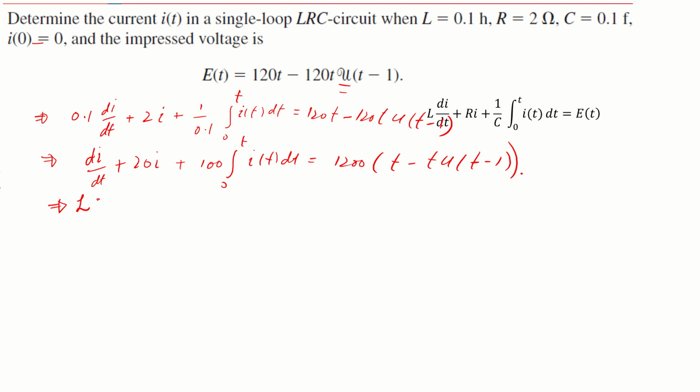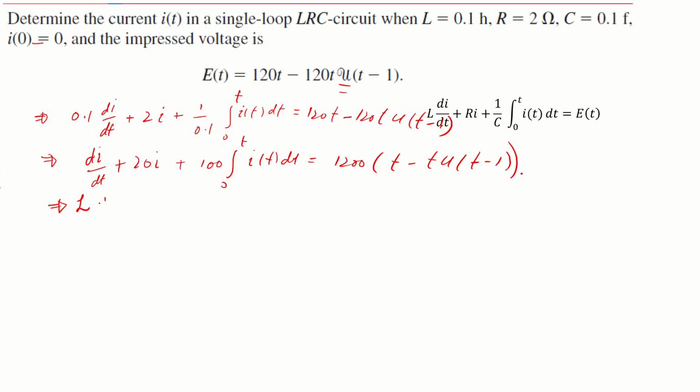So Laplace of di by dt, plus 20 times Laplace of I, plus 100 times Laplace of integral from 0 to t I t dt, equals 1200 times, it will be Laplace of t minus Laplace of t u(t minus 1).